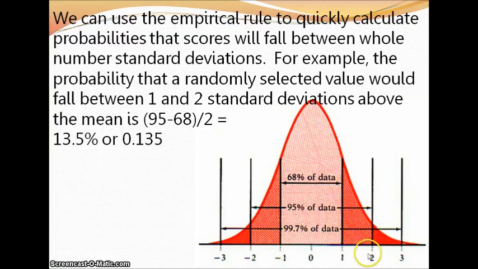If I take the entire region between 2 standard deviations and subtract the 68% of the middle, I'll be left with these regions right here on the ends, like little wings of a plane. And if I divide by 2, I'll be left with this first region that would be just 13.5%.